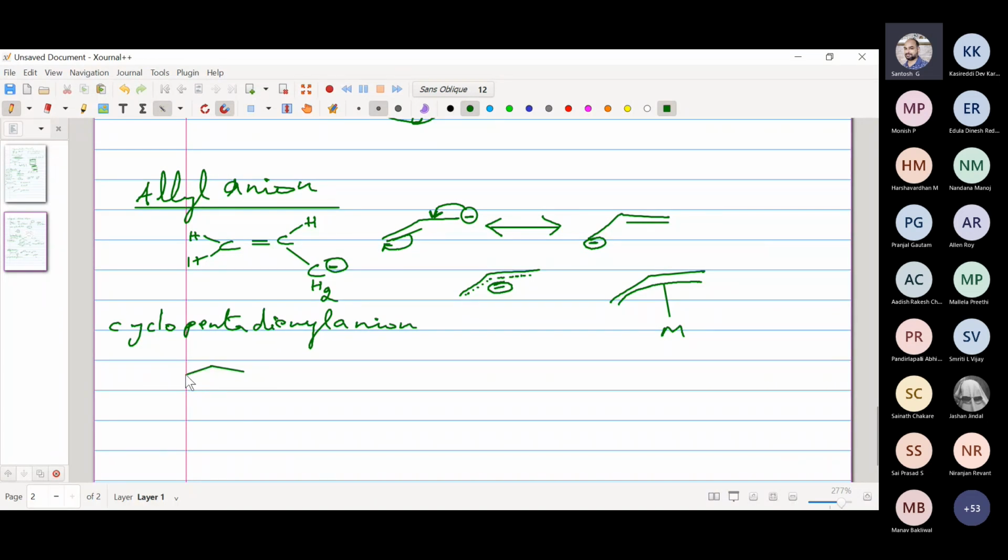Here you have a cyclopentane ring with two double bonds. Okay, now if you simply draw the structure, it looks like it will be a pi donor. Okay, but when you generate a anion here in this carbon, what happens? Due to resonance, this anion can move places.